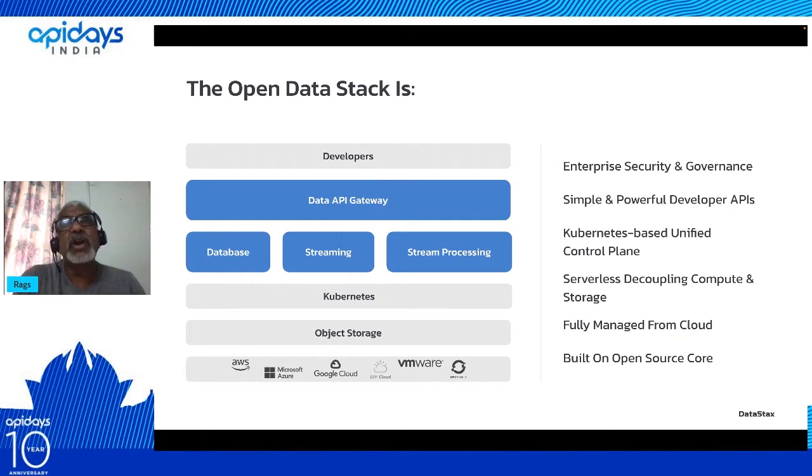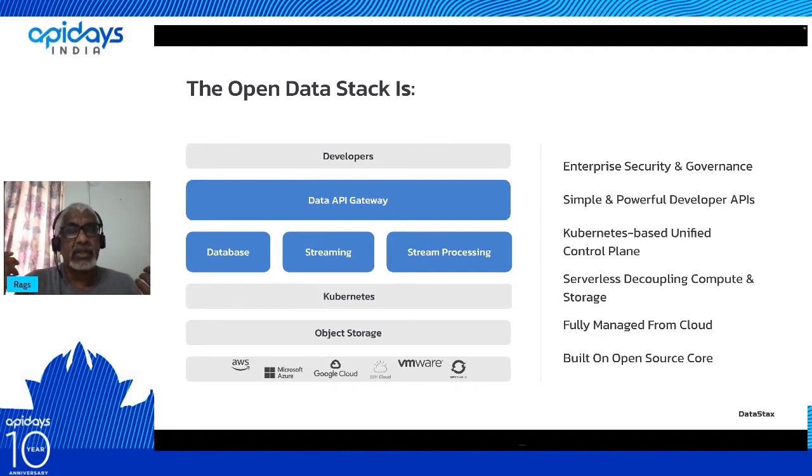One of the things that I also talk about is that Kubernetes has just taken over the world. So if your data stack, or whatever application stack, is not on top of Kubernetes, you probably need to take a second look at it, right? Then, of course, there's object storage.